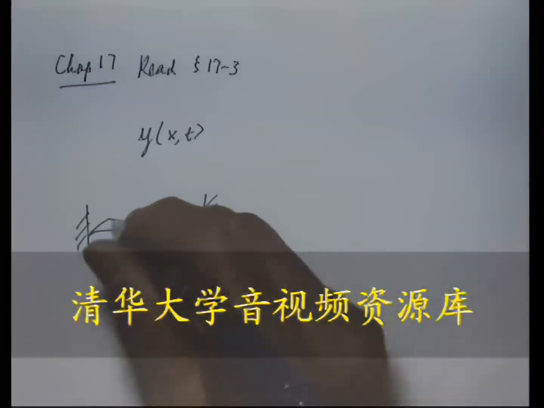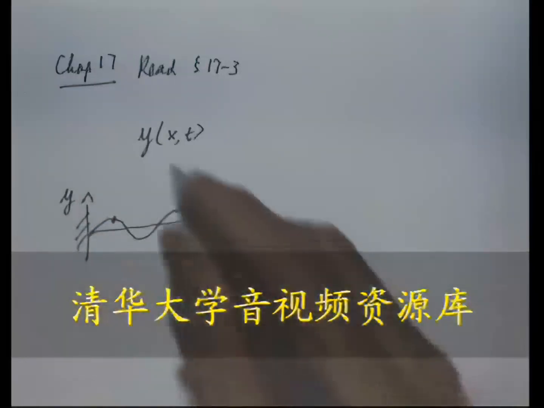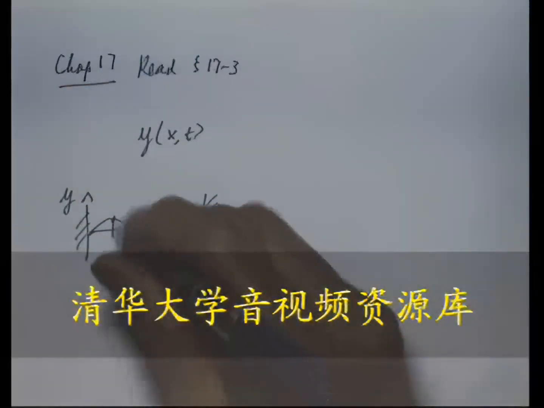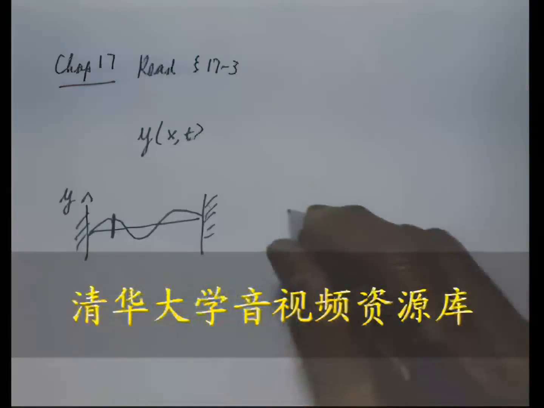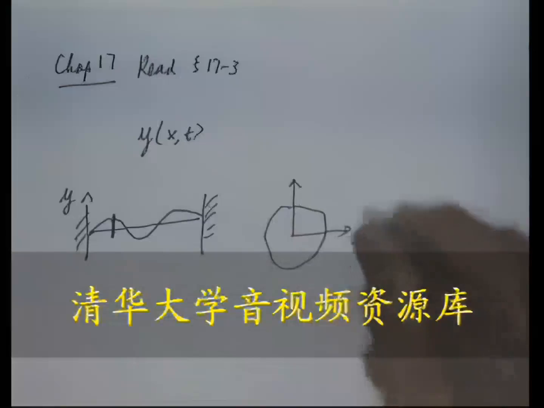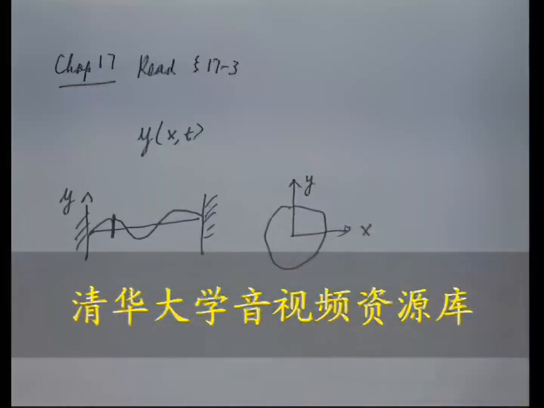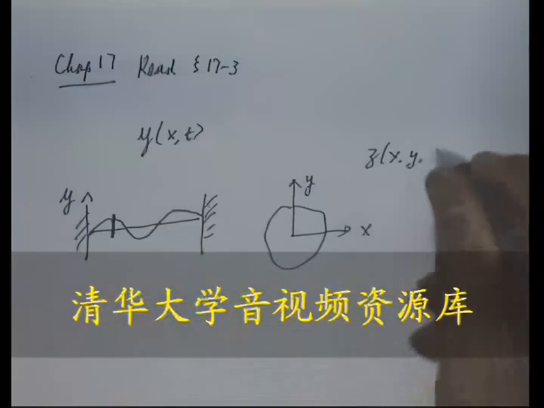Every point here, this is called y, is moving up and down. So y is a function of both x and t. And if it's a drum, then the surface of the drum would be moving, so you would have z of x, y, t.